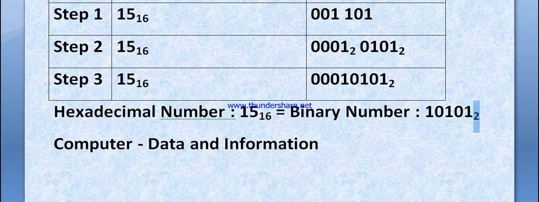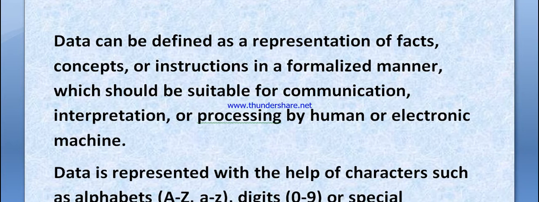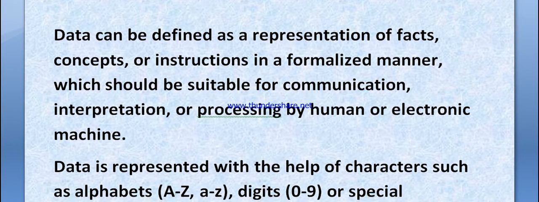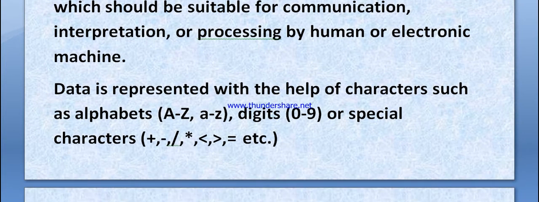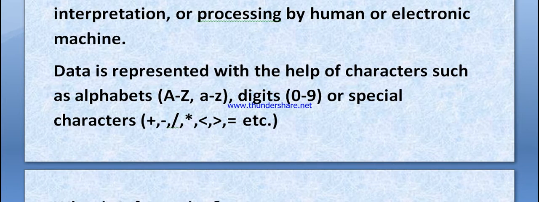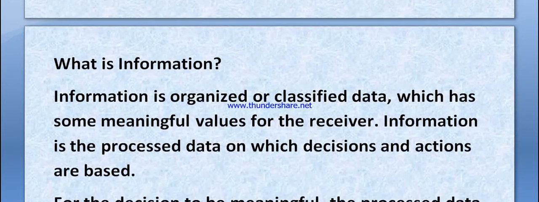Now next is computer data and information. Data can be defined as a representation of facts, concepts or instructions in a formalized manner which should be suitable for communications, interpretation or processing by human or electronic machines. Data is represented with the help of characters such as alphabets, digits and special characters. So what is information?